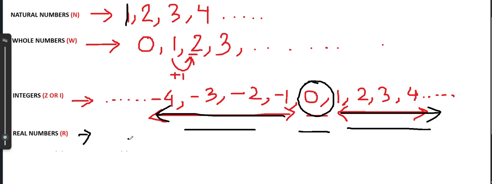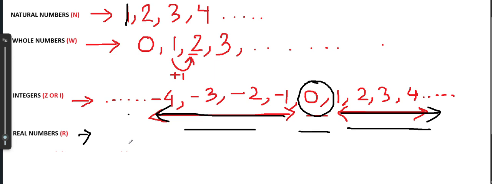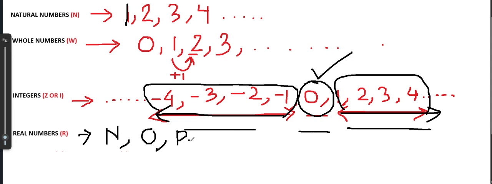I would definitely like to add that integers contain the negatives of natural numbers, the 0 and the natural numbers as well. And the real numbers also consist of fractions. So negative, 0, positive numbers as well as fractions.